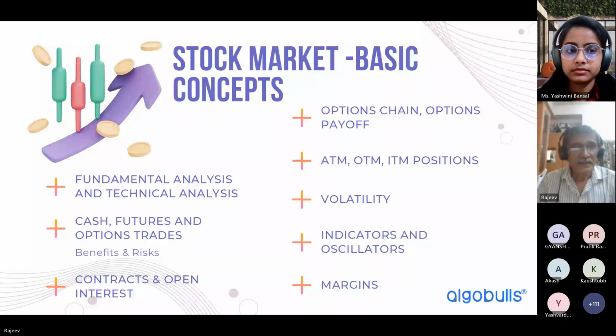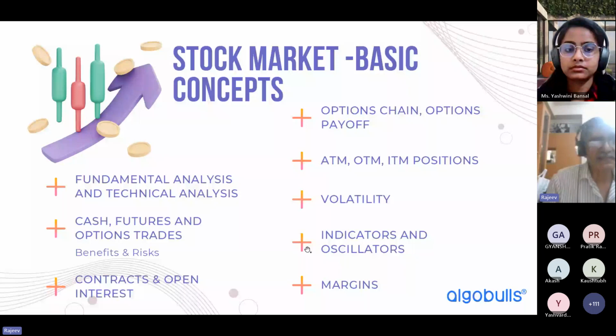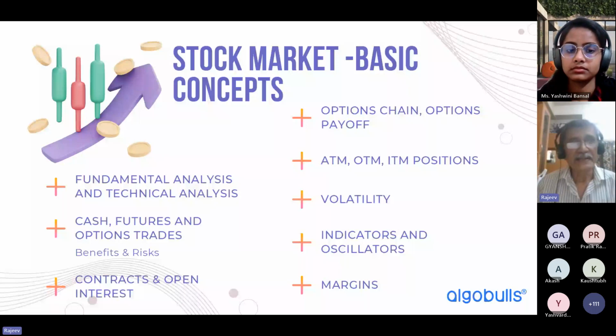So if I touch upon a little bit further on these futures, as I said, future is a derivative instrument. A derivative instrument is entered into any time during the expiry, and it needs to be settled at the end of the expiry.